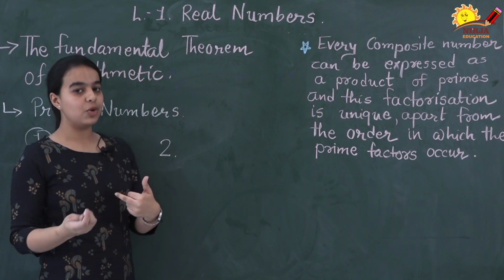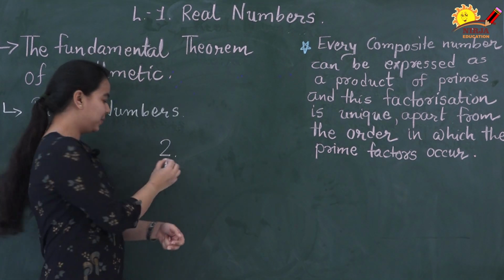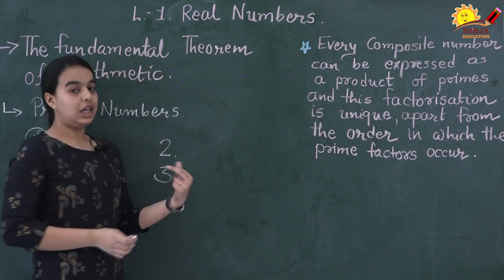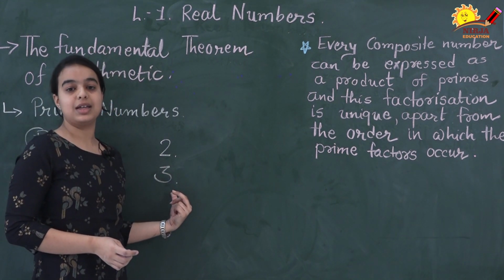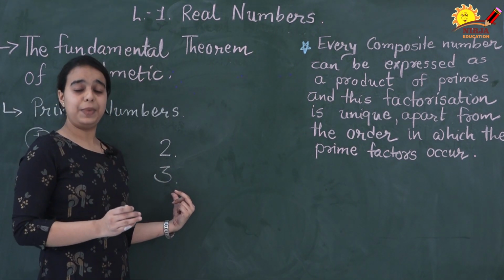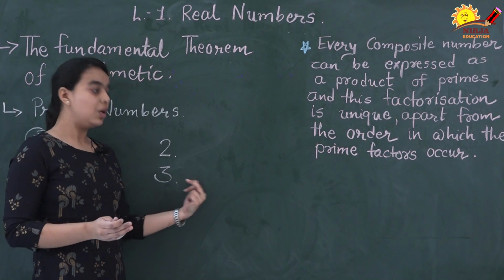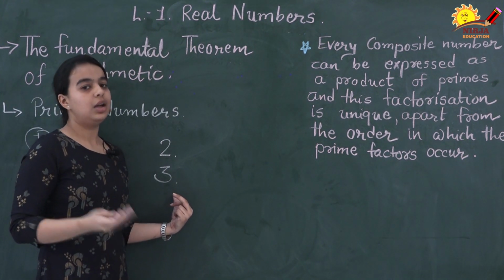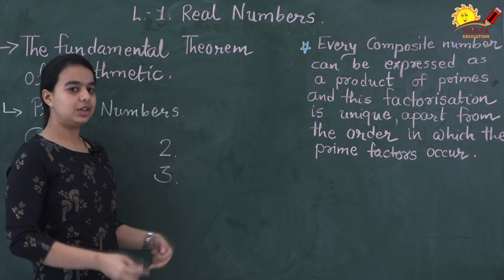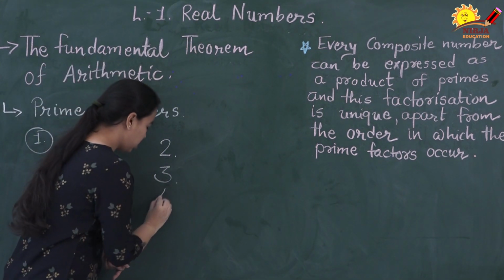After 2, let us move forward, after 2 it comes 3. If I want to express 3 as a product of prime multiples which are smaller than this 3, it is also not possible. After 3 it comes 4.